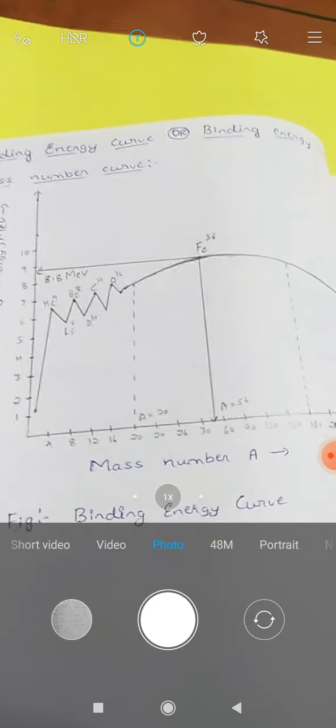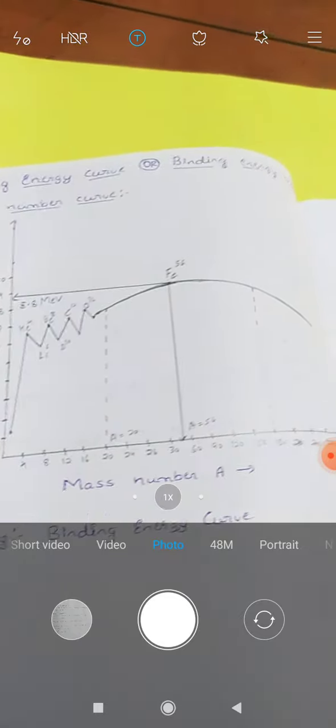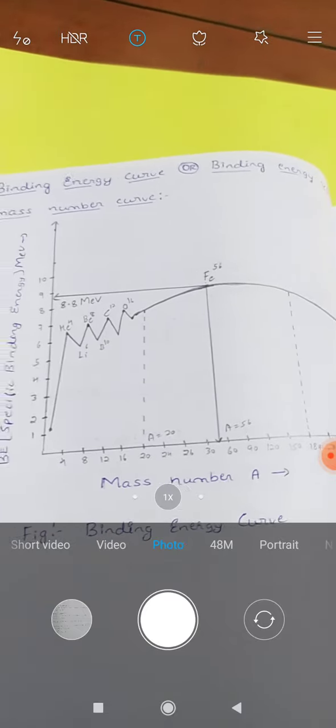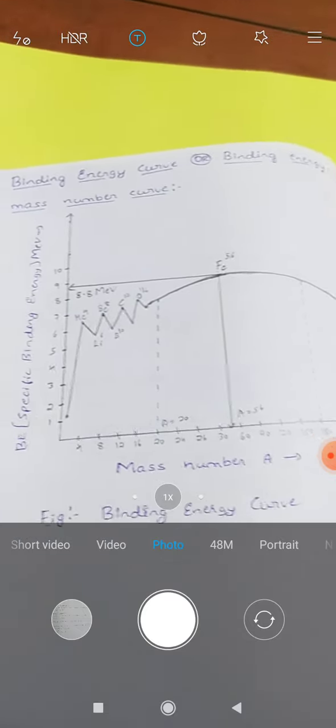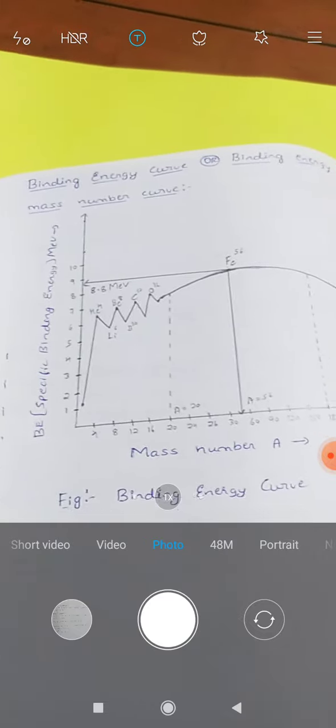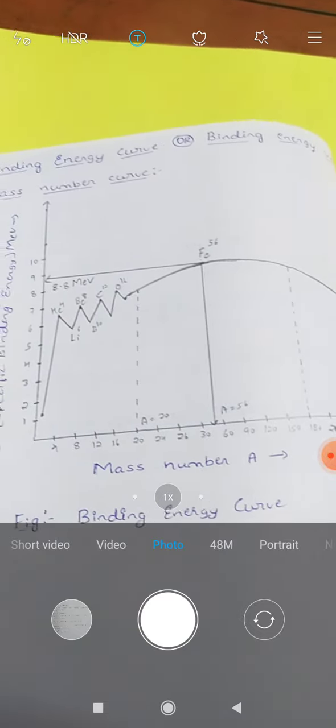In between the atomic number 40 to 120, its value is maximum. So the maximum value of binding energy is taken as 8.8 mega electron volt.